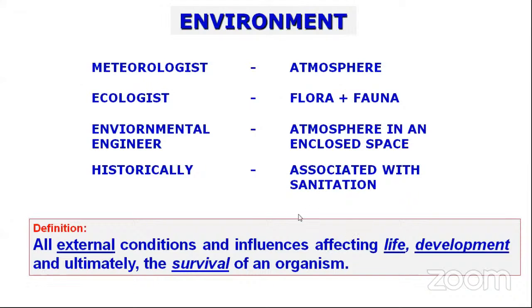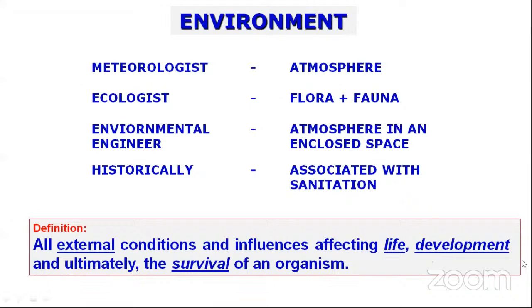And if you don't have it, it will create some disease. It will create some problem to you. So external to your body, affecting life, affecting development, affecting ultimately survival of an organism. That is what is a comprehensive definition of environment.